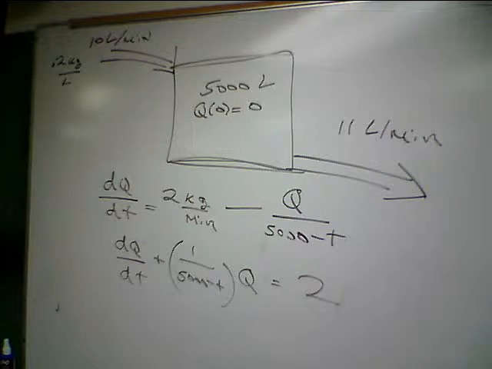Okay, and we have to solve for q. However, is it separable? Yeah. Wait, do you have to multiply by 11? The q over 5,000 minus t? Because it should be multiplied by the fluid rate out.